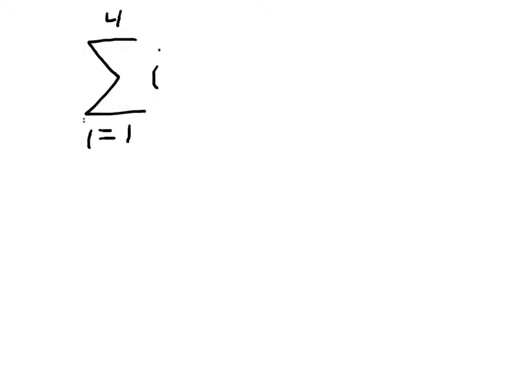The first number that we're going to consider is 1, because i equals 1. And then we'll change that. We'll start with i equals 1, and then we add 1. The next time we'll let i equal 2, and the next time i equals 3, and then finally i equals 4. And when we get to the number on the top of the sigma, then we stop. That's simply how we do it.